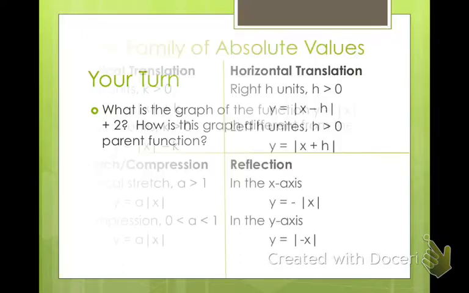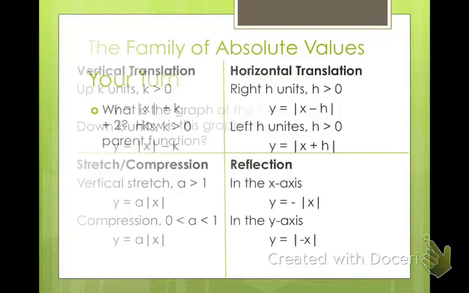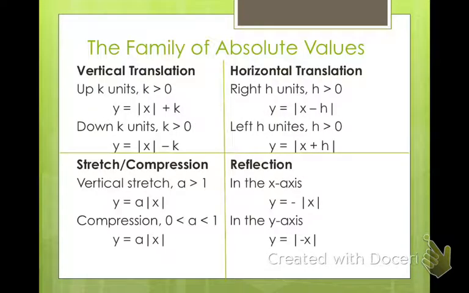Okay, so this one, just by looking at it, y equals absolute value of x plus 2, what do you think is going to happen to this one? From the parent function, it's going to be translated up 2 units. Just like when we did our function families, this is specific for absolute values. They're exactly the same. So when we have translations up or down, it's plus k, minus k.